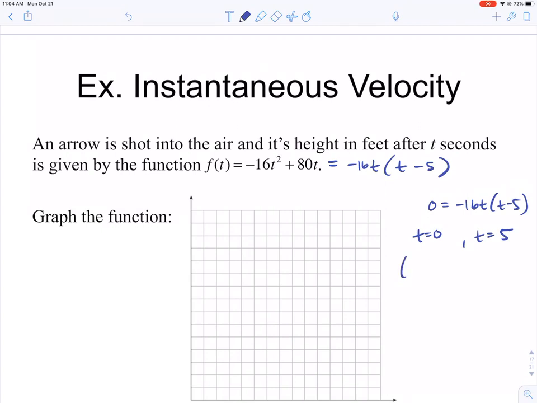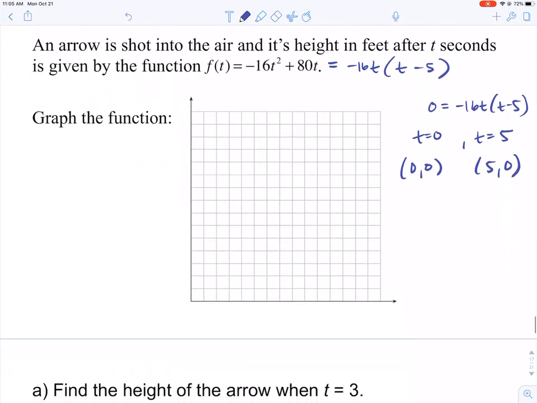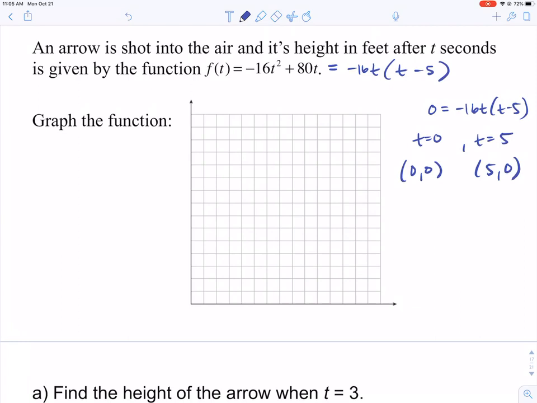Those correspond to our x-intercepts, or our t-intercepts in this case. Okay, since our independent variable is t and time is in seconds, and the dependent variable, or the f of t represents the outputs, right? Height in feet.